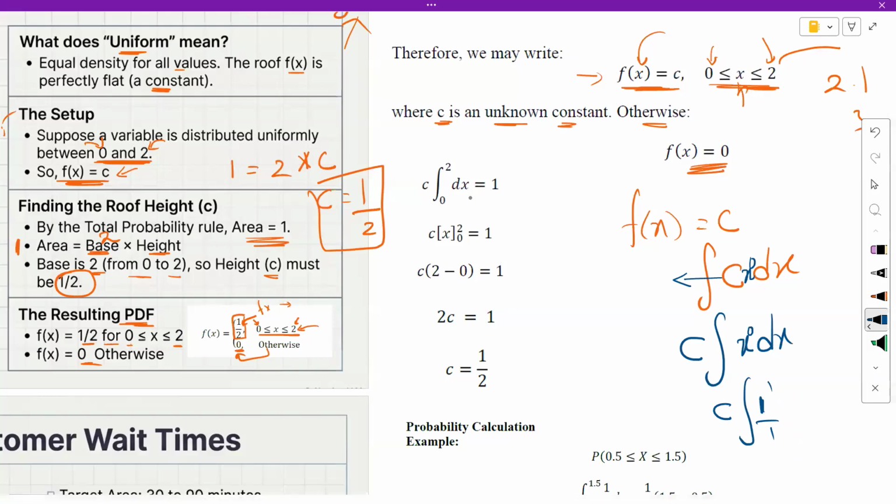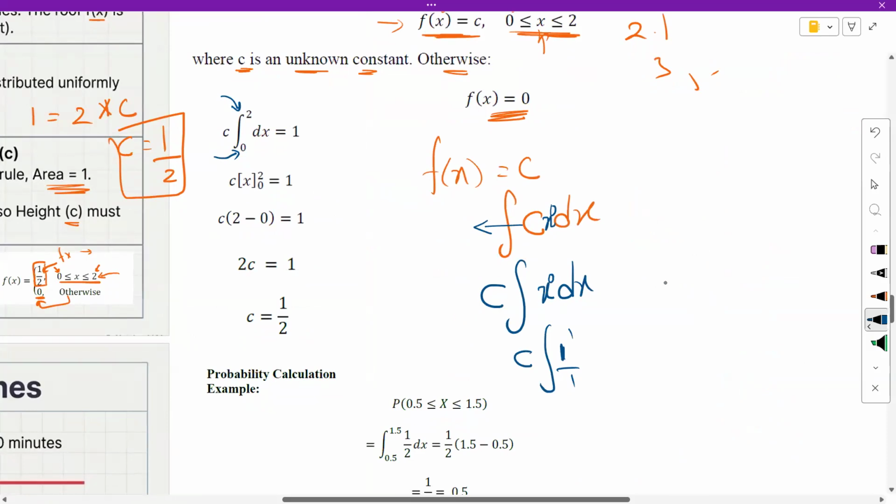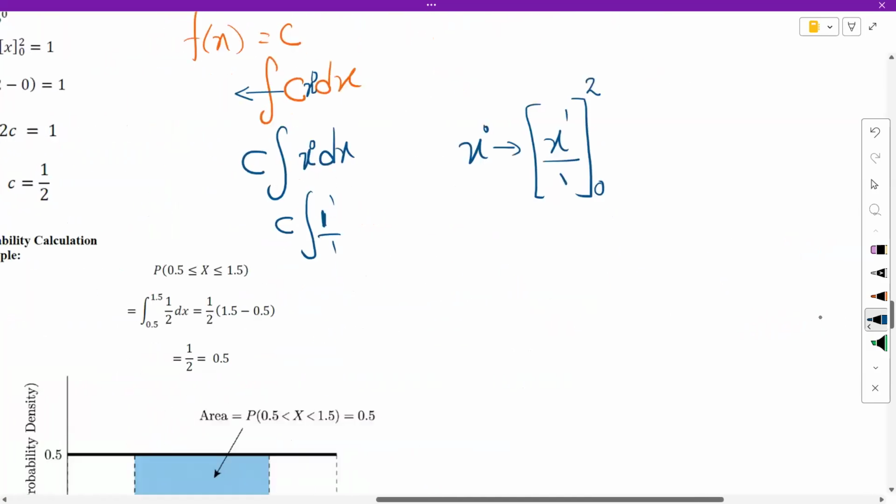Here we have upper limit 2 and lower limit 0. So integrating x to the power 0 gives x to the power 1 over 1. Now we can substitute the upper and lower limits.